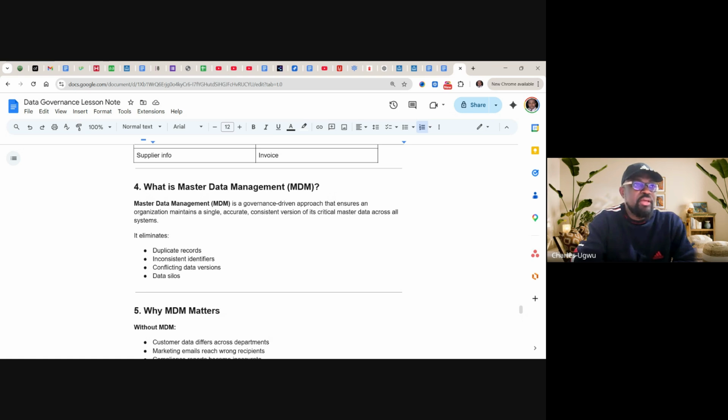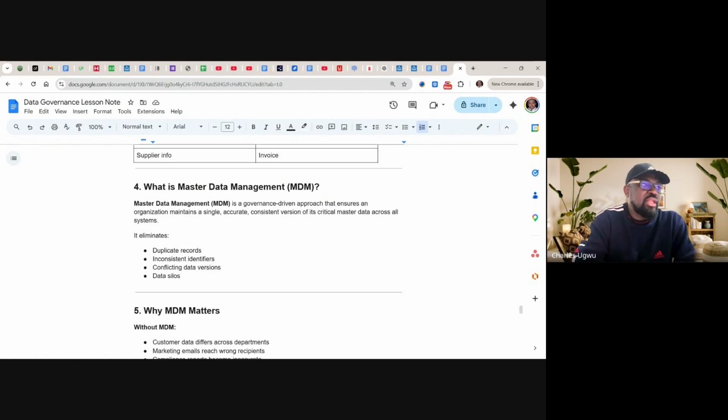What is data being in silo? It is when data cannot be accessed centrally, like customer data being only domiciled within the marketing unit or sales unit.